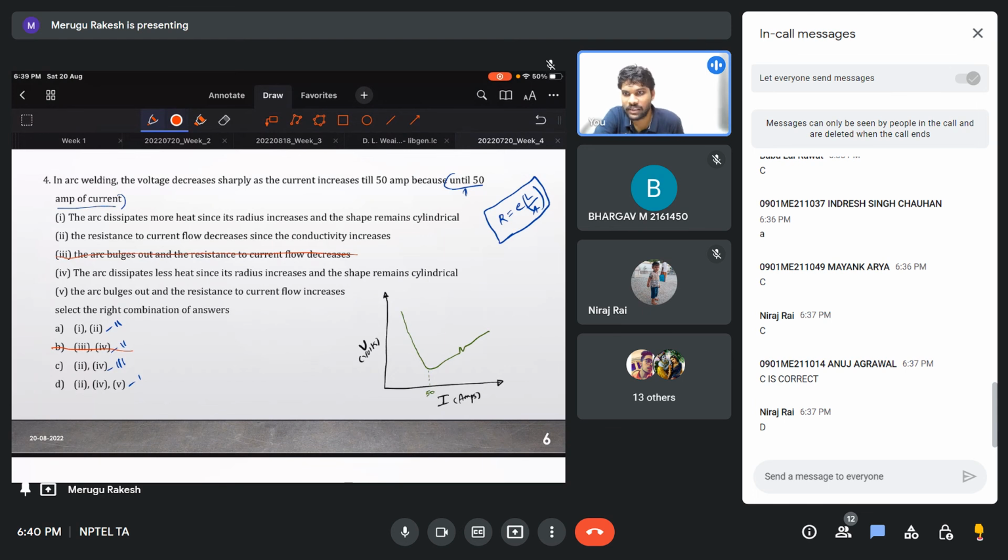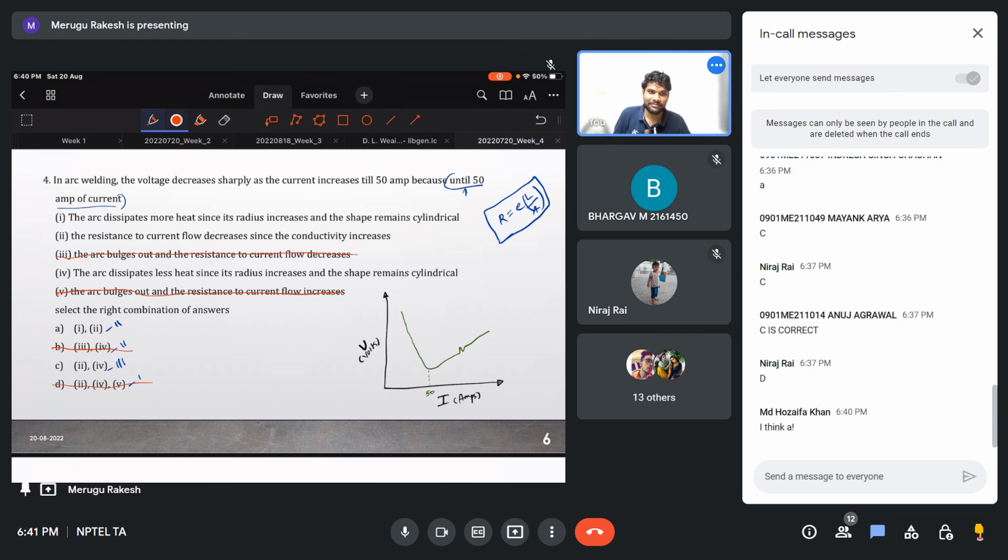The fifth one is the arc bulges out and the resistance to current flow increases. So I can directly strike off this option also. There is arc bulging, so option D is wrong, because the arc bulging happens after 50 amps, not before. We are left with only option 1 and 2.